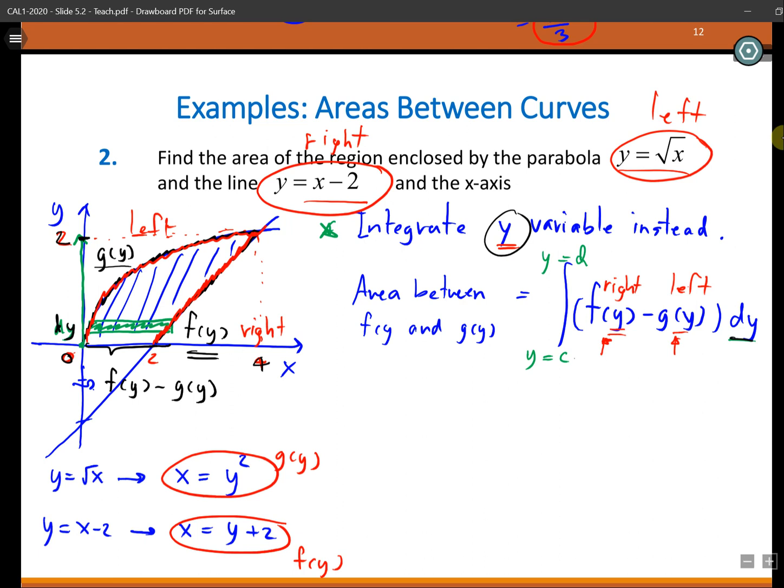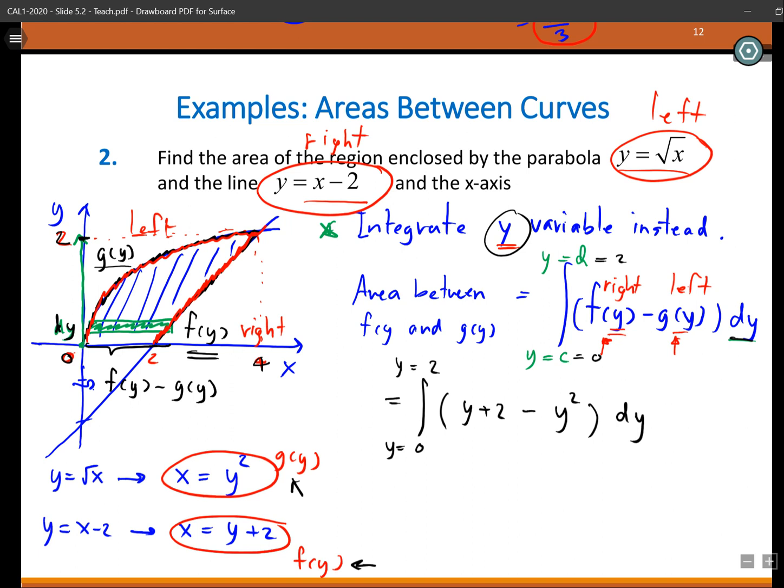So this is equal to 0 and this is equal to 2. Now let's continue. 0 and 2, that is the y variable. What about f(y)? We know it's y plus 2, minus g(y), which is y squared, dy.